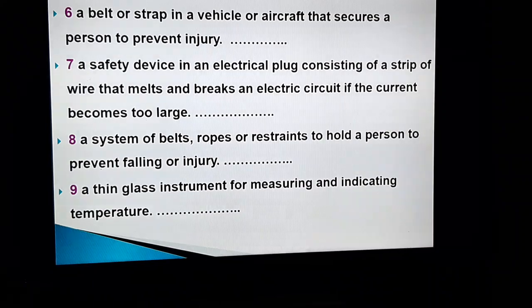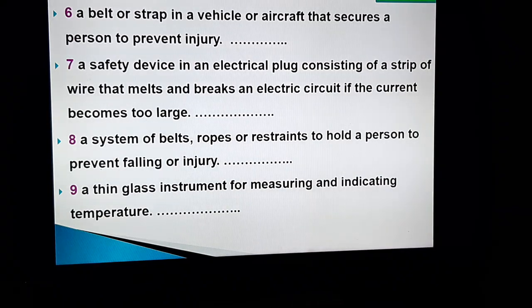Protective, from the verb protect, covering fitting over the whole face. It's a device or a tool we use to protect our face from fire, from something dangerous.